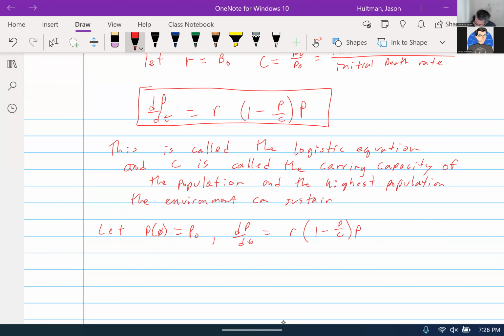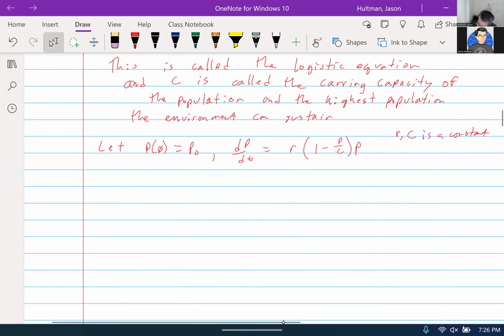Notice that C is a constant, and so is r. R and C are constants, so we're going to treat them as constants. So let's try to do some separable differential equations here.